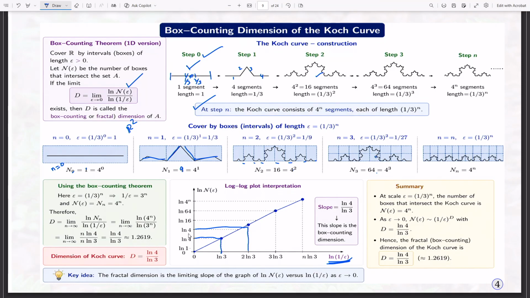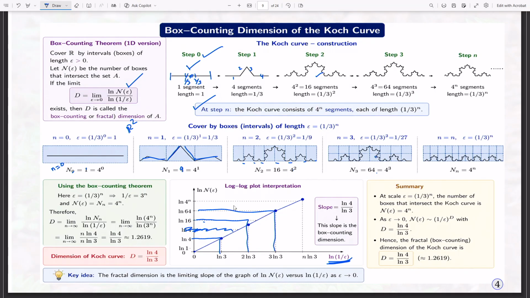Here it is ln 4, this is 2 ln 3. Just ignore the confusing part here.